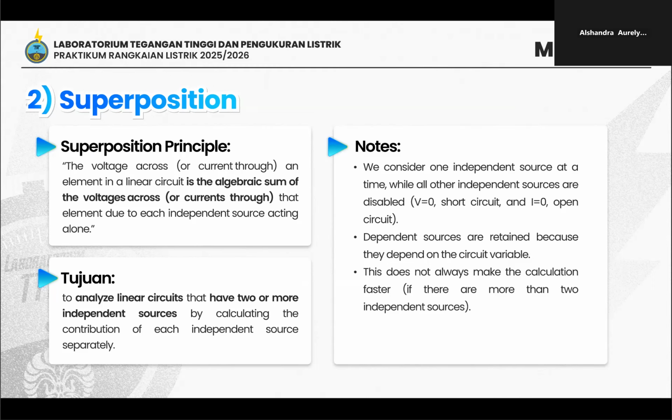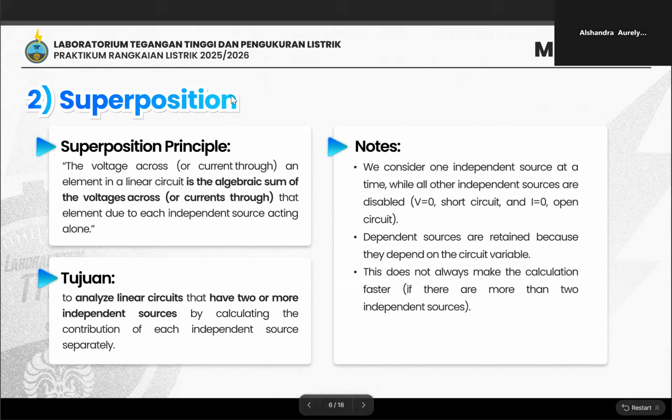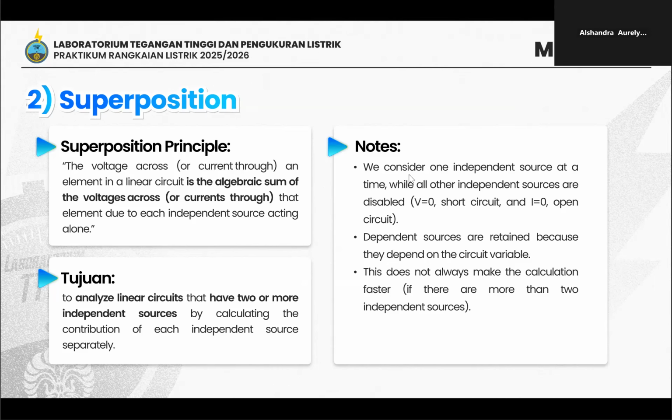So it seems easier, but it doesn't always give you a shorter calculating time. If there are more than two independent sources, it's going to be much longer. To apply superposition, as you can see in the notes here, we need to consider one independent source at a time, while all other independent sources are disabled.